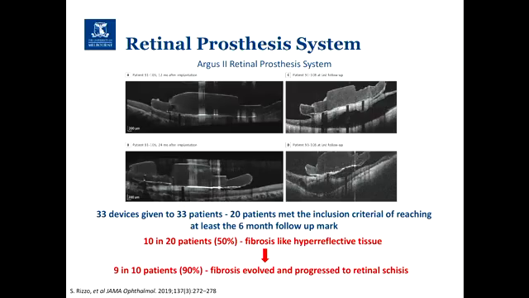So in 50% of patients, they ended up with a fibrotic-like tissue that had formed either between the eye and the electrode or around where the electrode had been implanted. Some of these patients, it turned up straight away. There were some where it didn't turn up till after the 12-month mark.